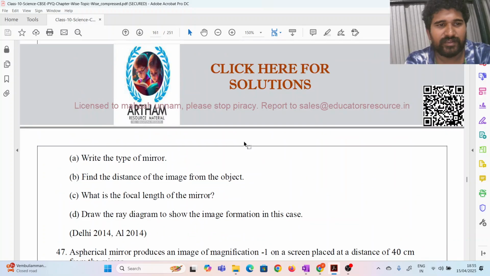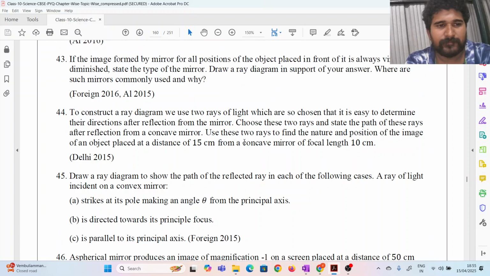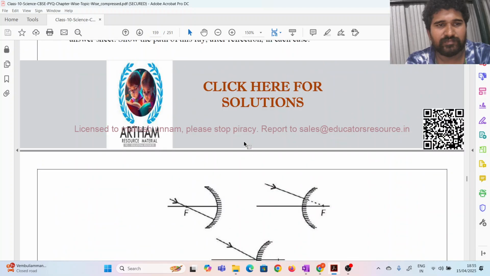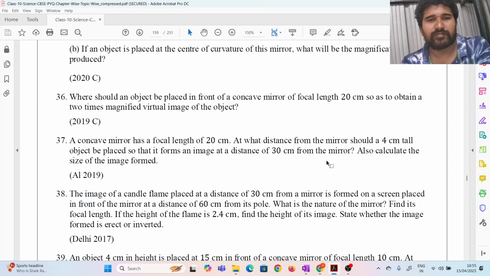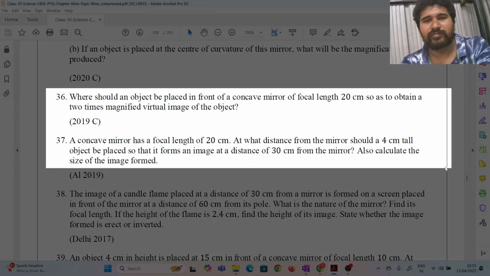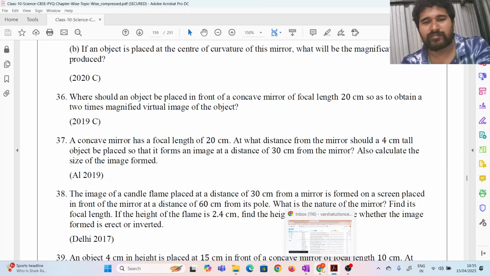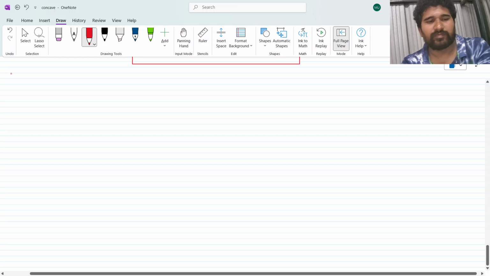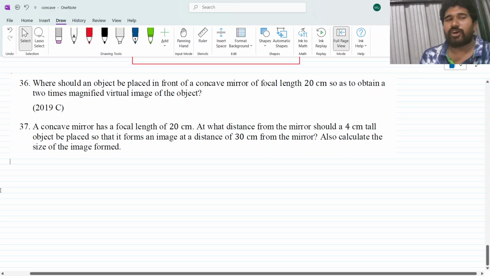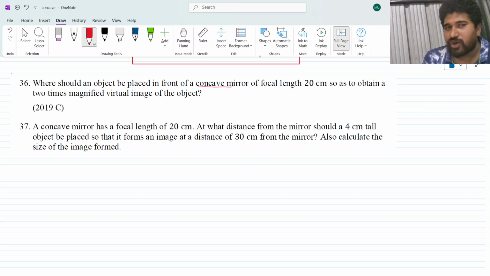Observe the 36th question. Where should an object be placed in front of a concave mirror?